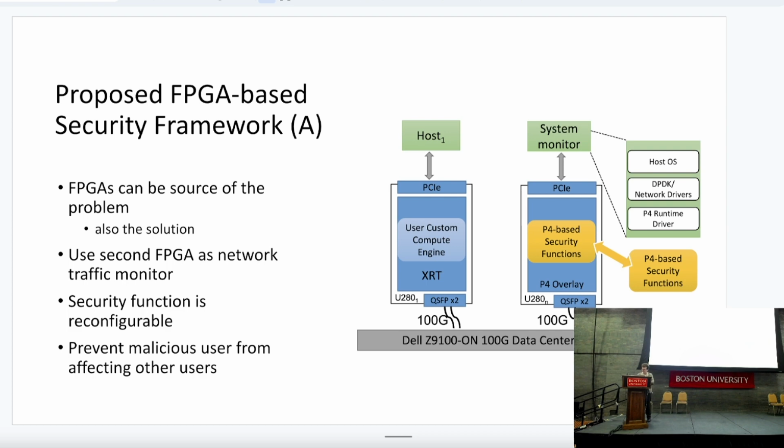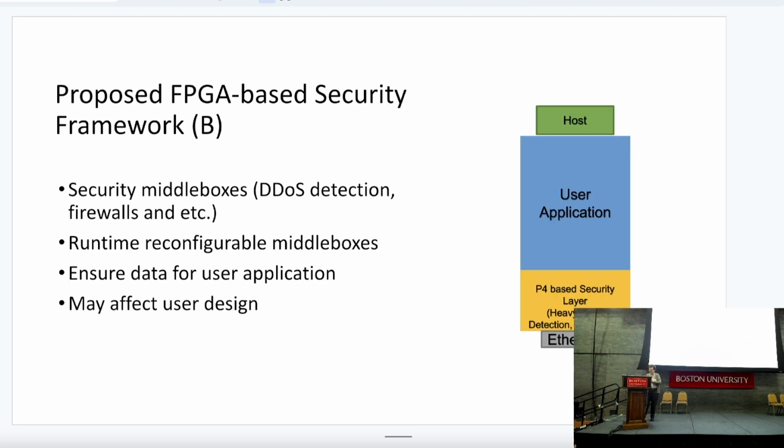I don't remember if I have a slide for this, but one of the applications we're looking at is implementing heavy hitter detection on the FPGA, so you can tell on the network if someone is basically blasting packets out. That model is to coexist with everybody, let everybody do whatever they want, but monitor. The other model is to prevent the malicious behavior in the first place.